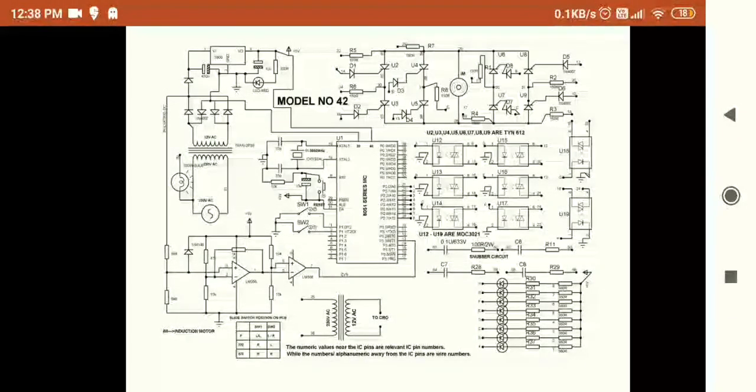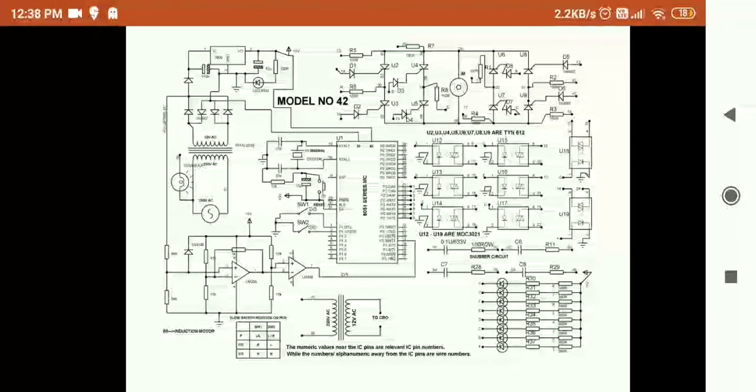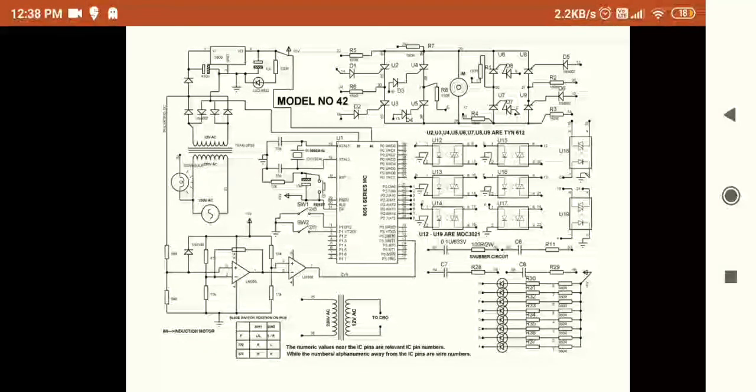The 12 volt supply, and the circuit that converts the 12 volt AC into 5 volt DC, the operational amplifier circuit for interrupt signals, crystal oscillator for providing 11 MHz oscillations.